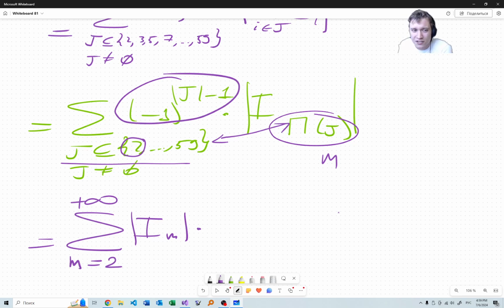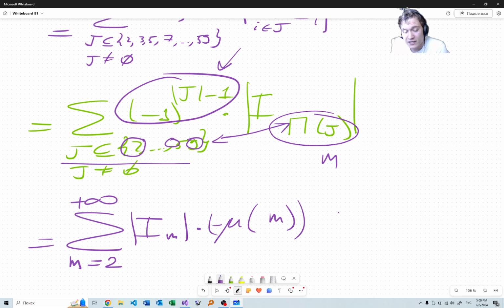But if we took it, then each new prime inverses the sign of this thing. This is called a Möbius function. It's actually denoted as mu. So the sum of Im times minus Möbius function of m. That's it, actually.